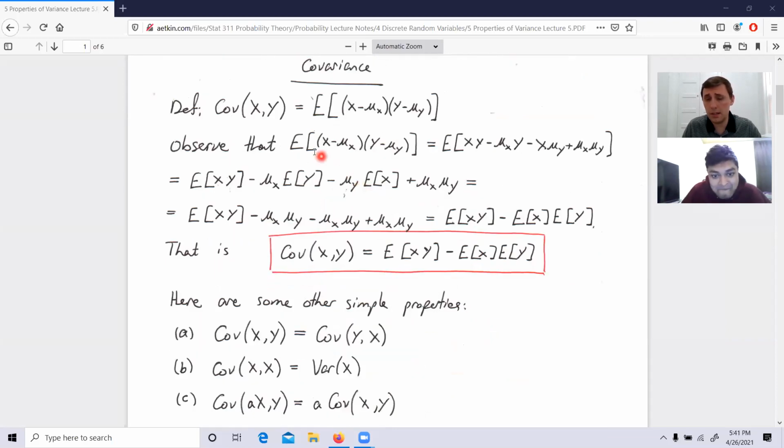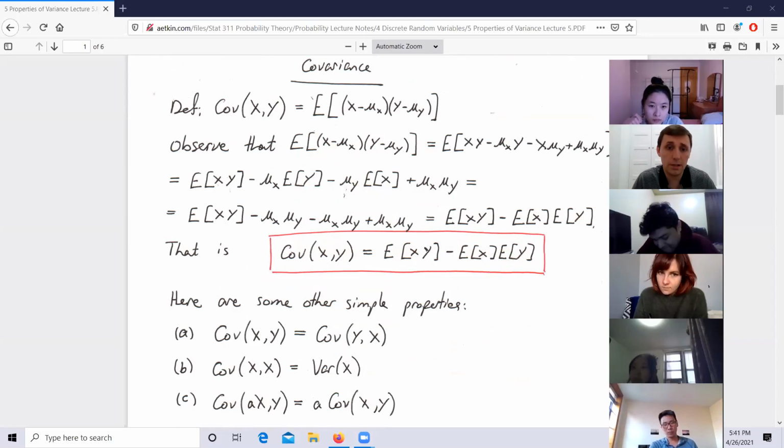And by carrying out calculations, we see that covariance of xy is the expected value of x times y minus the expected value of x times the expected value of y. Now, you might be aware that covariance is related to correlation. So covariance could be negative, it could be positive, and it could be zero.